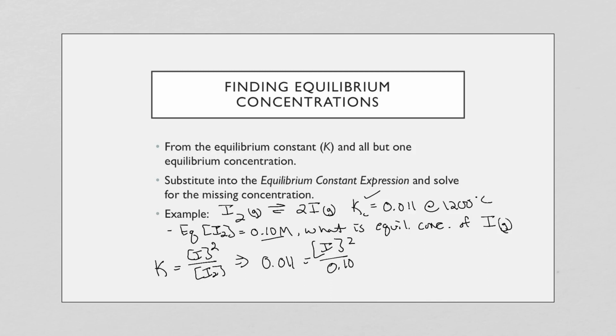We get I squared equals 0.011 times 0.1, or 0.0011.